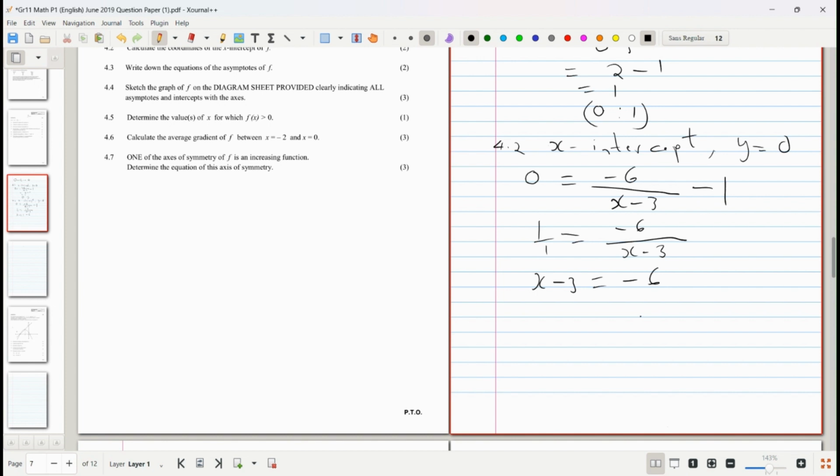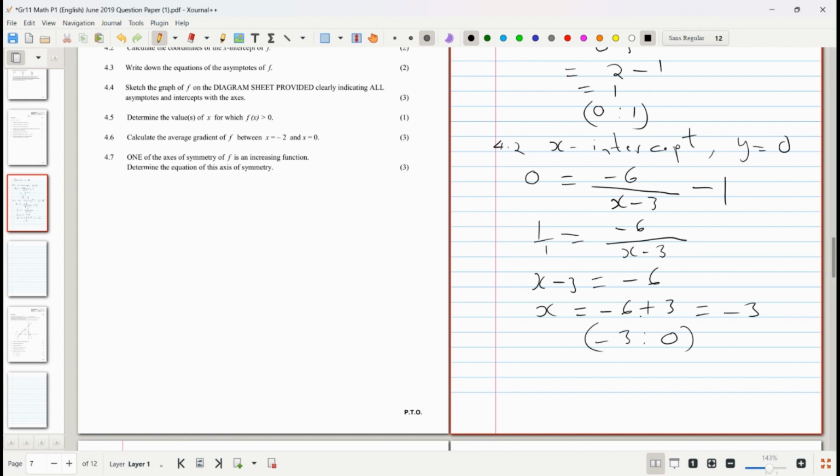Then x equals negative 6 plus 3, so we have negative 3. The coordinates for the x-intercept are negative 3, 0.